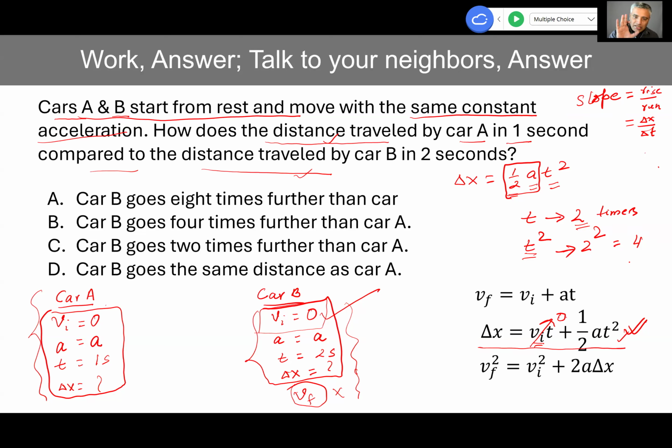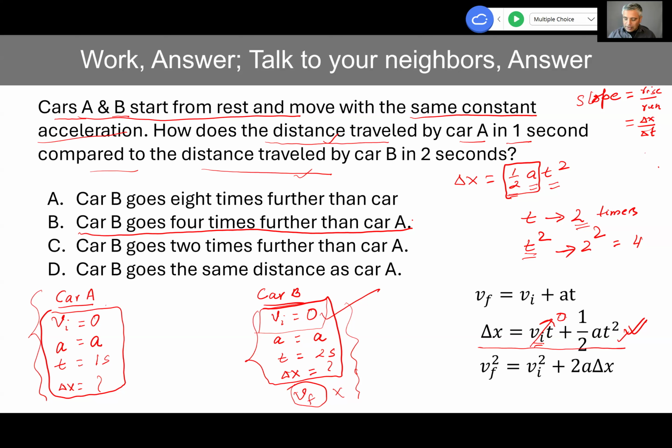So if the acceleration of your car is the same, the distance traveled by you becomes 4 times larger every time you double the time. That's what this equation is saying. I'm not saying that. That's what this equation is saying. And we are using this equation to get that information. Okay. So that's why this 4 times is the correct answer. That's what this equation told us.